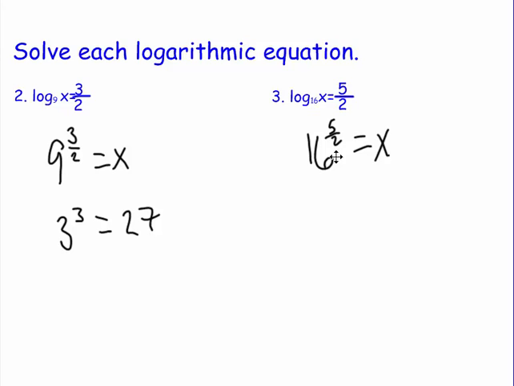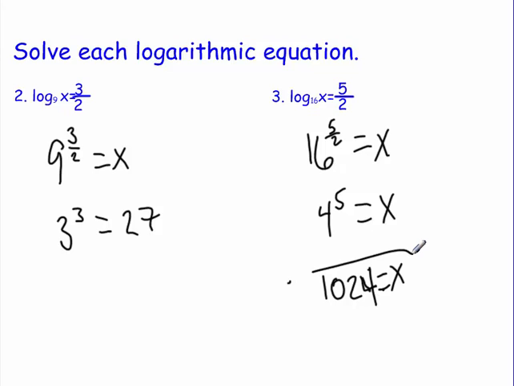Again, the 2 on the bottom tells me square root, so that is 4 to the 5th power equals x. 4 times 4 is 16, times 4 is 64, times 4 is 256, times 1 more is 1024 equals x.